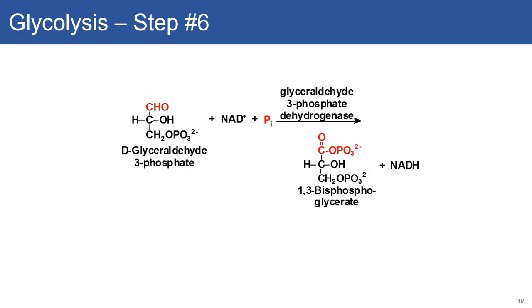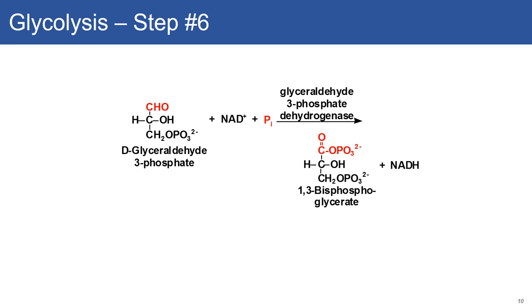D-glyceraldehyde 3-phosphate. We're now going to take NAD+, which is an electron carrier. We're going to add a phosphate group onto the glyceraldehyde 3-phosphate, and generate 1,3-bisphosphoglycerate and NADH.